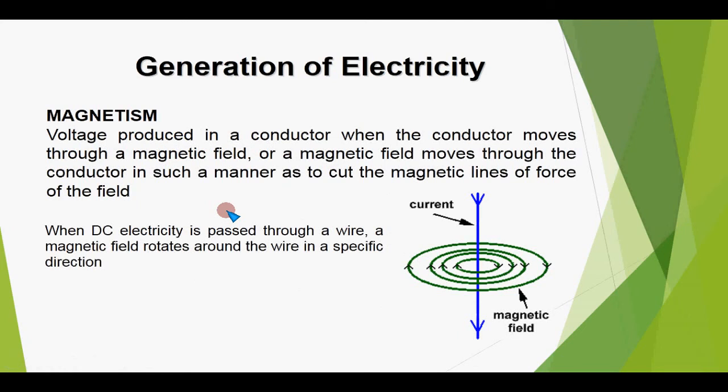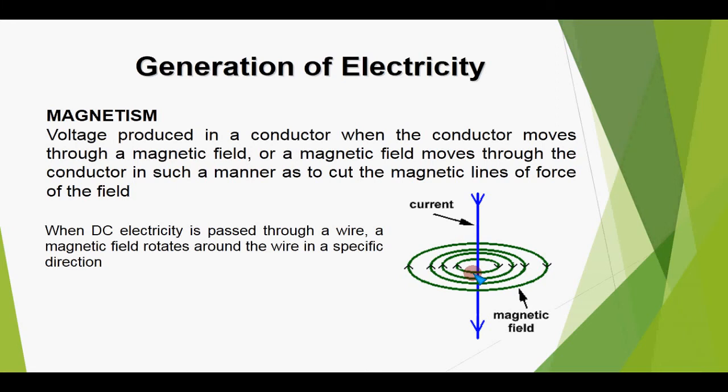The magnetism is also a very great source of the production of electricity. We can see in our daily life the generators, and they use the magnetic systems to produce the electricity. The voltage produced in a conductor, when the conductor moves through a magnetic field, or the magnetic field moves through the conductor in such a manner as to cut the magnetic lines of force of the field, that would cause the electrons to flow.